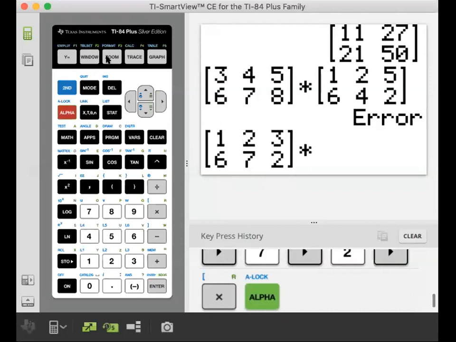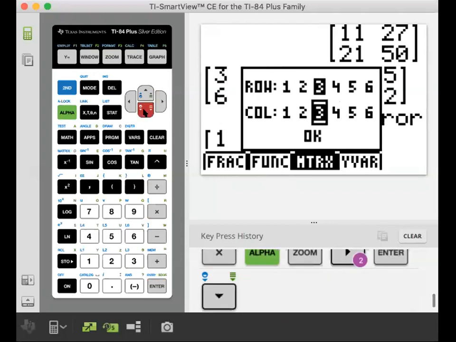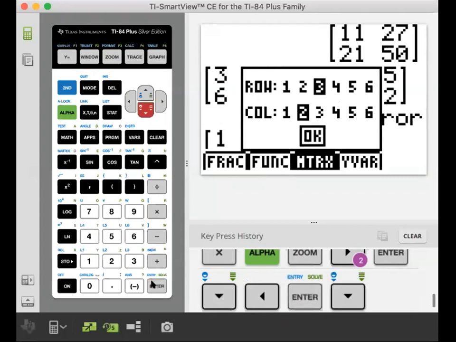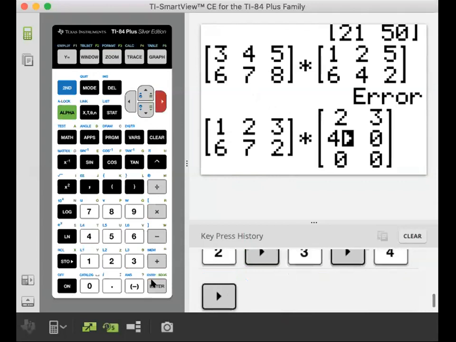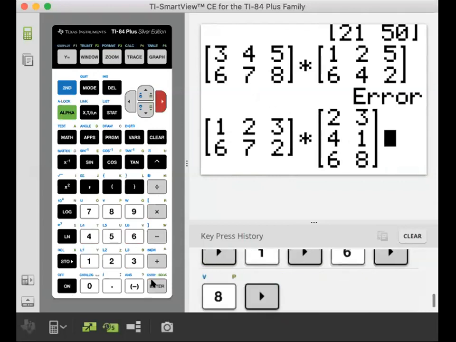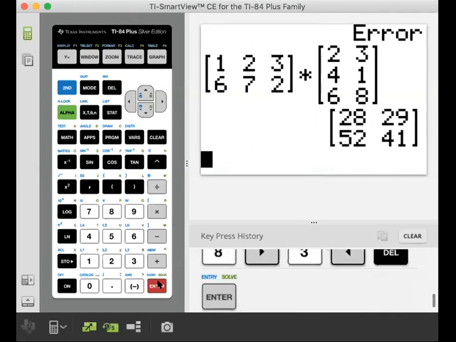Second zoom, let's make it 3x2. 2, 3, 4, 1, 6, 8. So here are things that I would not be allowed to add, yet that one doesn't give an error. It multiplies and gets large numbers.